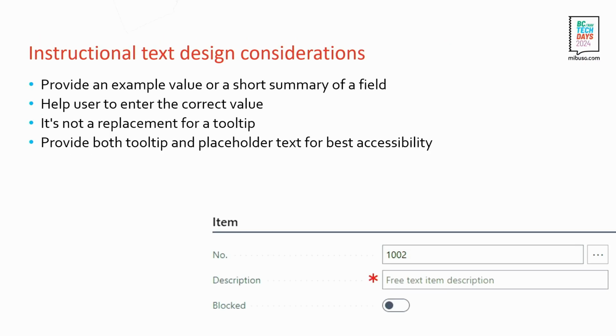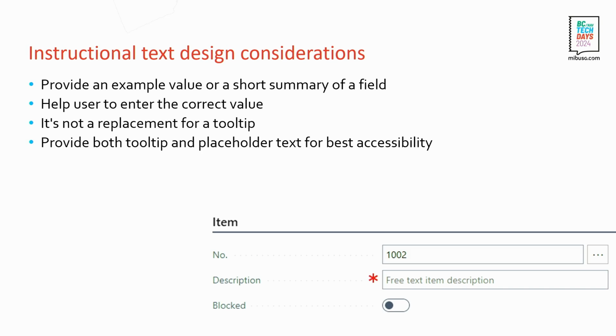Cool. Let's go next to more new things we're adding. So Stefan showed us how we can use the new instructional text property. I want to go from a bit different direction and explain some of the design considerations. In essence, we're trying to avoid data entry errors.